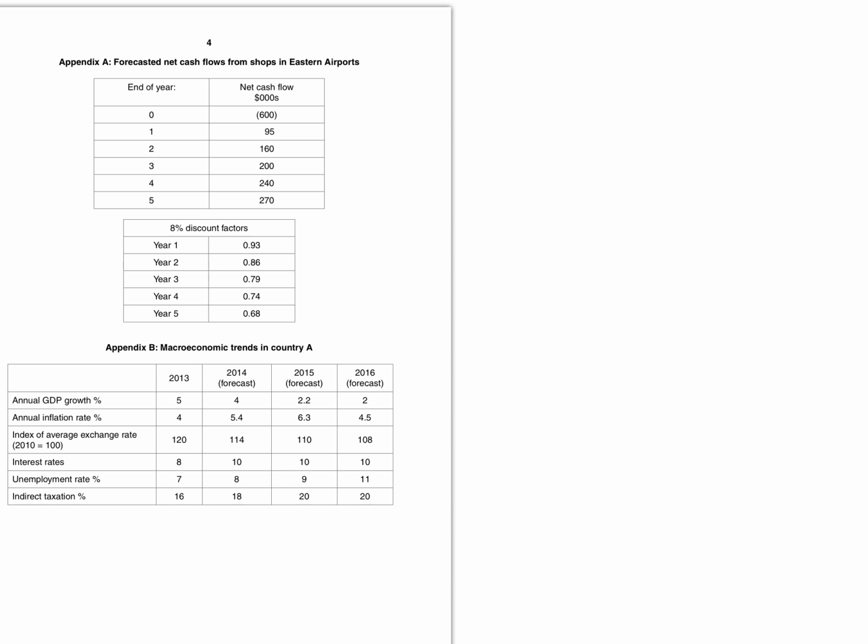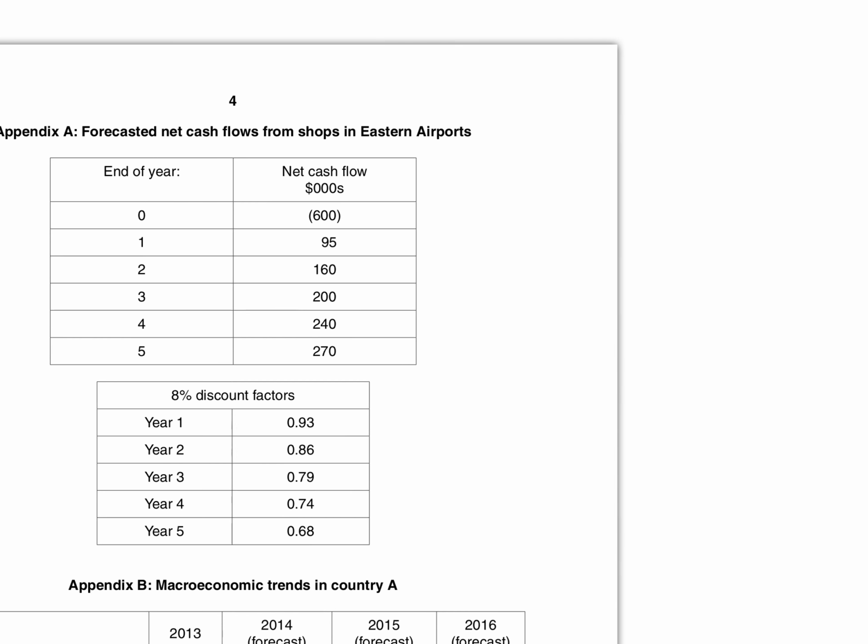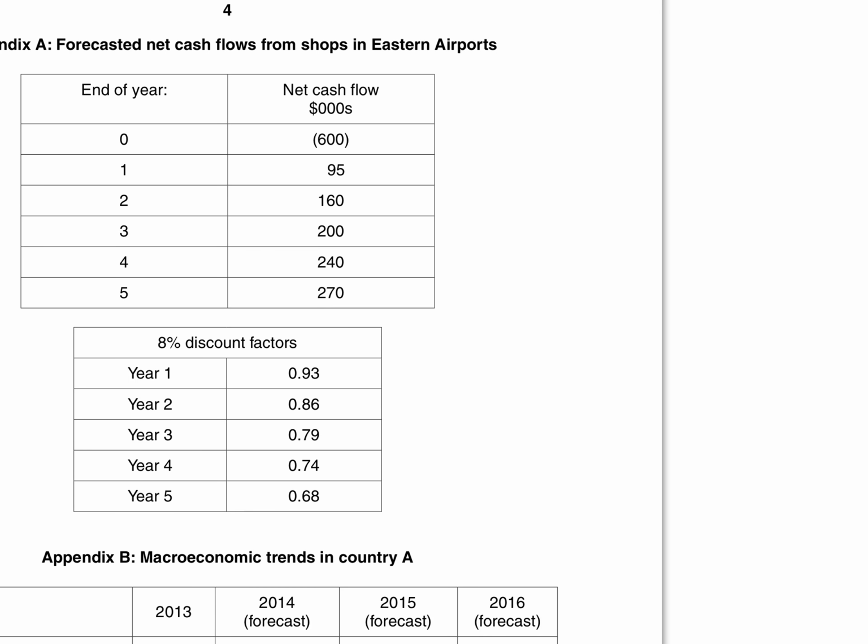As for the second part of this question, which is essentially taking out the net present value, what I'm going to do is just zoom into this question, and then take all of these factors and write them against their respective years. If I write discount factor here, for year 0 it's always 1.